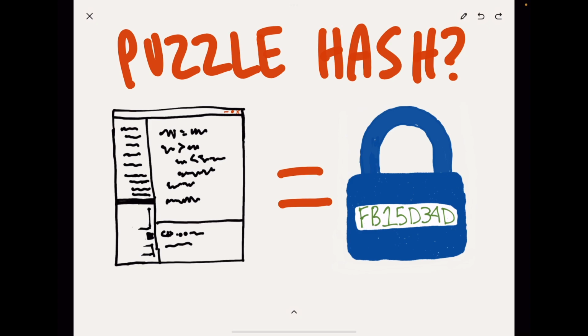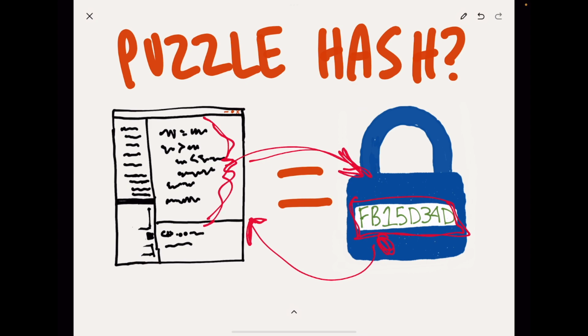So then what is a puzzle hash? Well, a puzzle hash would be that puzzle code hashed into a much simpler representation. Again, we cannot get back to the original puzzle code from just the hash, which is important. But if you do have the original puzzle code, you can hash it again and verify that that is the correct hash that you originally stored in the first place.